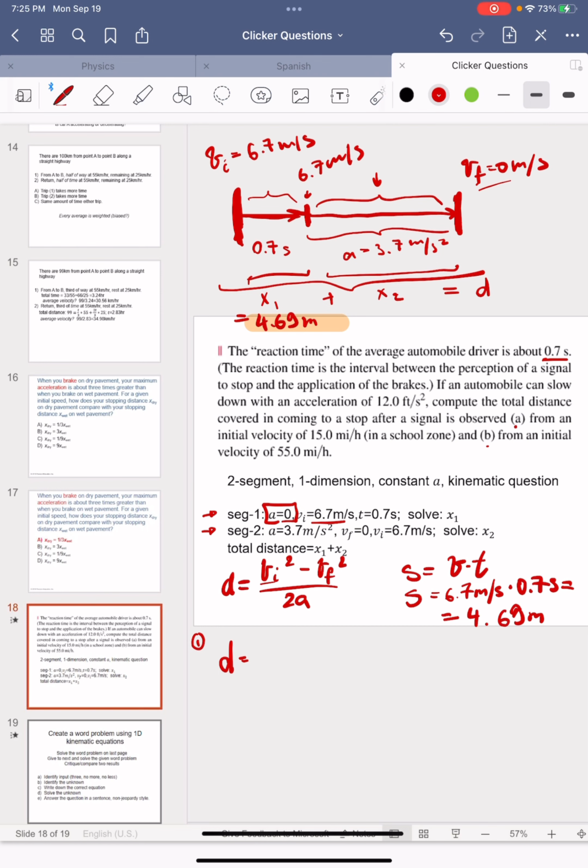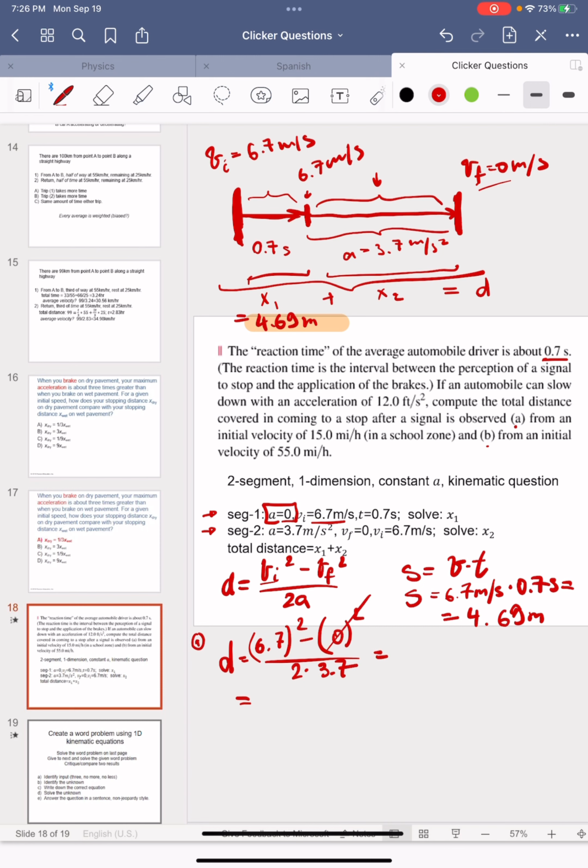Let's see, first part A. We know that V initial is 15 meters per second, or 6.7 meters per second, right? Squared, I'm gonna remove this, squared, minus V final which is 0, divided by 2A, and acceleration is 3.7.